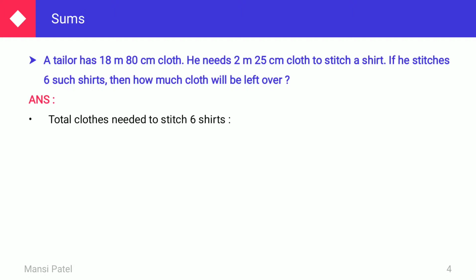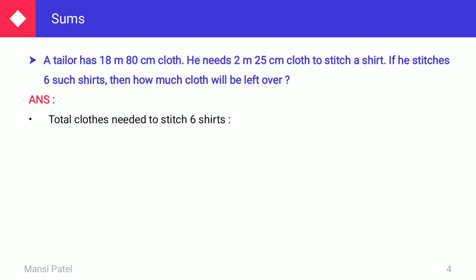Whenever they were given the price or measurement for one thing, and you have to find out for many things, at that time you have to do the multiplication.